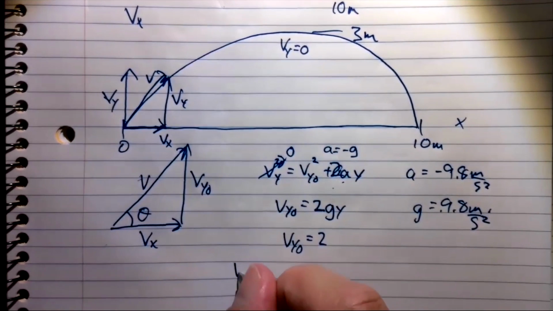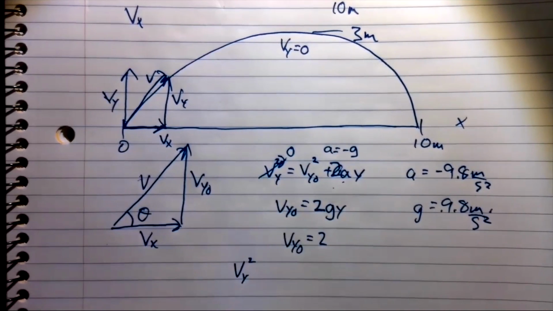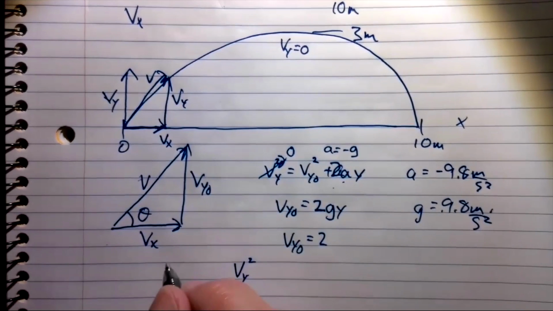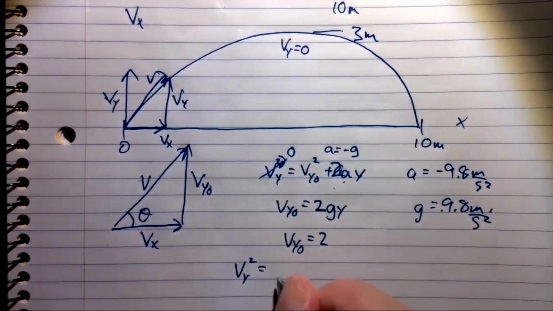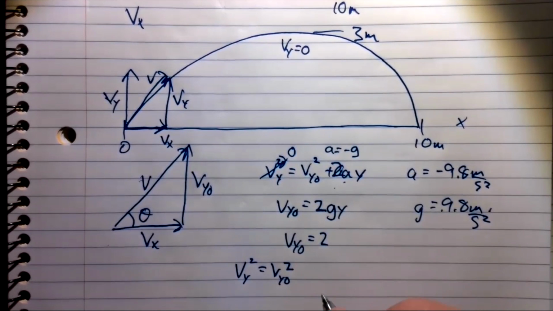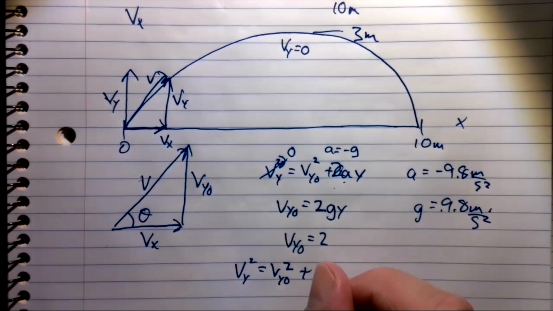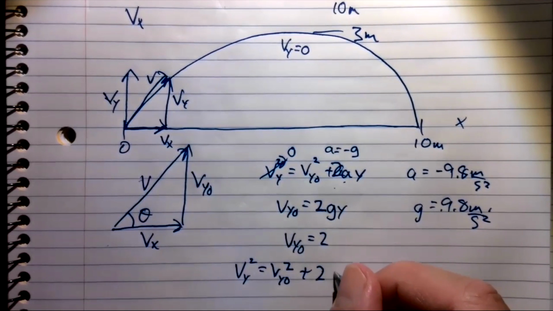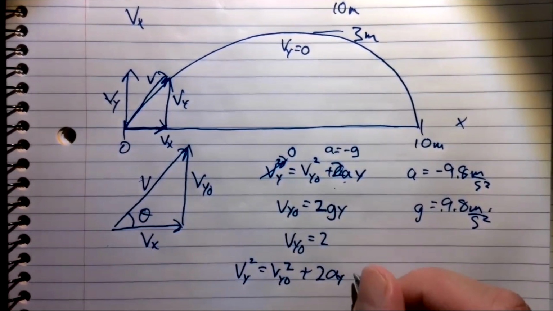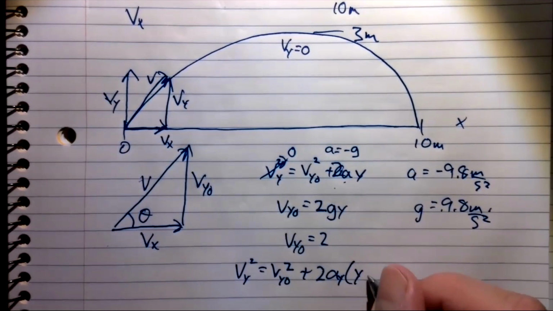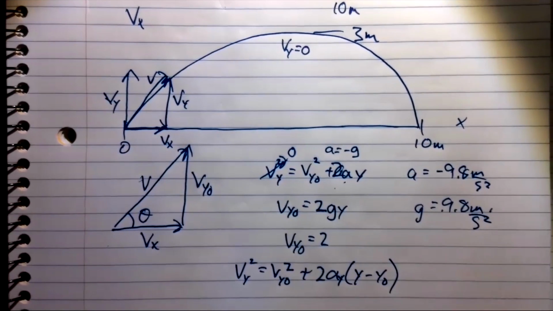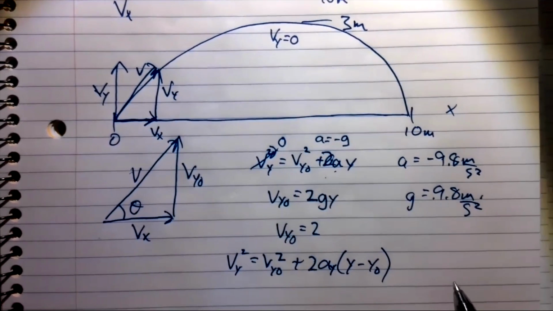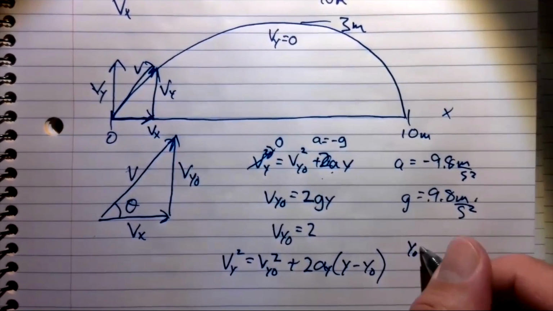Okay, so our equation that we're using is Vy squared is equal to Vy0 squared plus 2a times (y minus y0). We're going to write it out in all of its full glory. y0 is equal to 0.